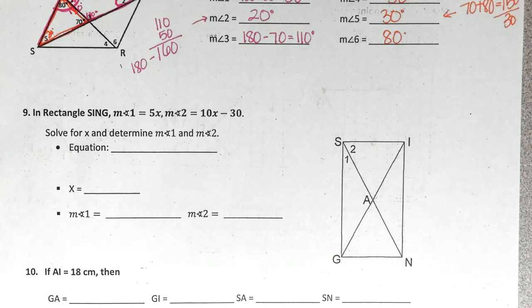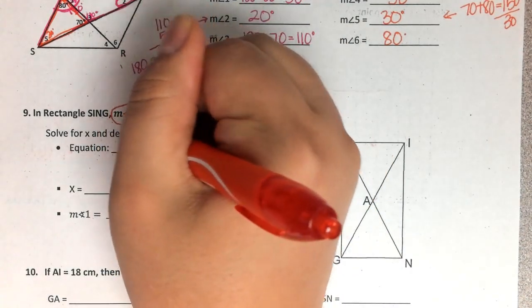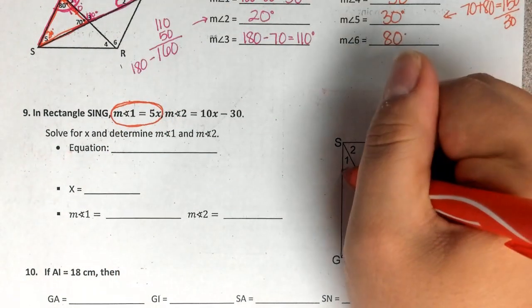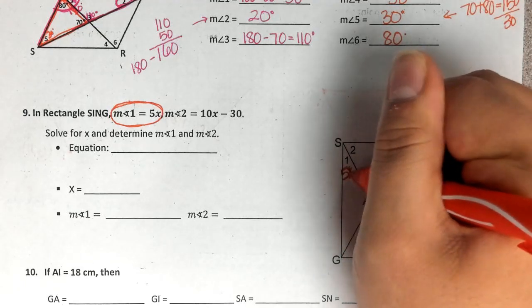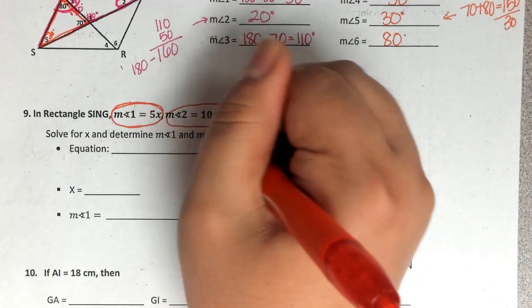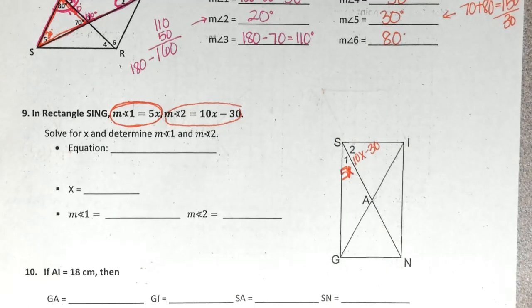All right, next one. Solve for x and determine angle 1 and angle 2. Well, what does it tell us about angle 1? It's 5x. Everybody put a 5x where 1 is. What do I know about angle 2? 10x minus 30.